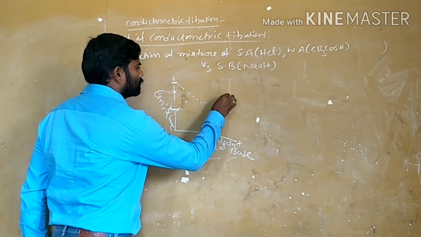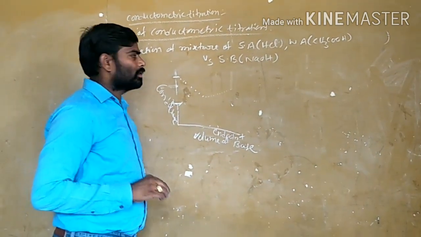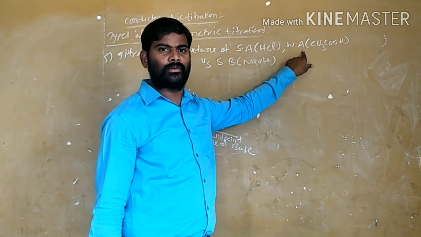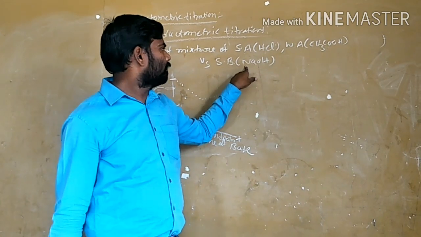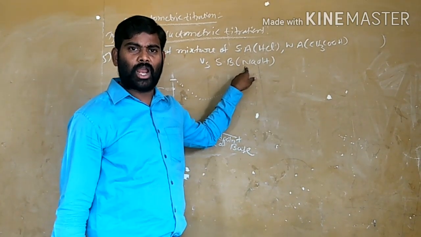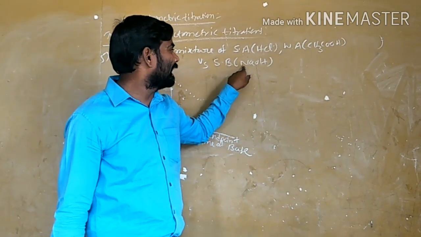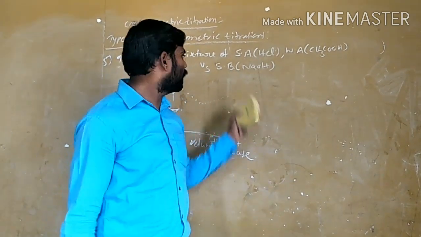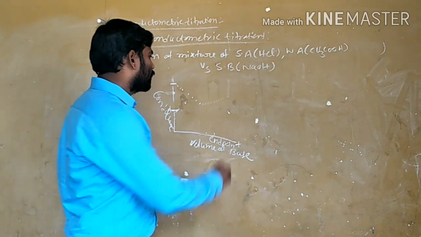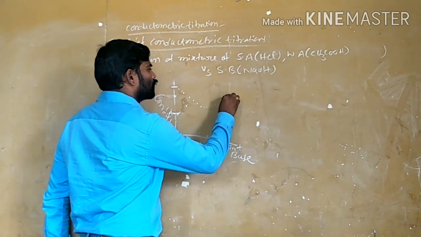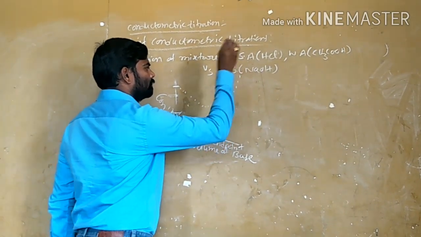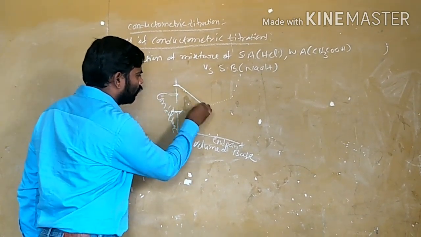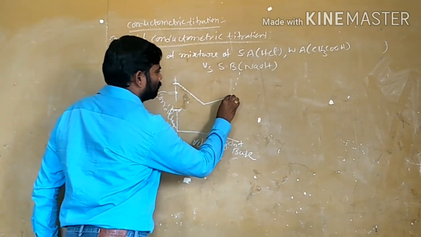That's why conductance values slightly increase. Then after the complete neutralization of this weak acid, whenever we are adding this strong base, the number of free Na plus ions will be increasing. As the number of free Na plus ions increases, the conductance values sharply increase. With this, we get a graph like this.